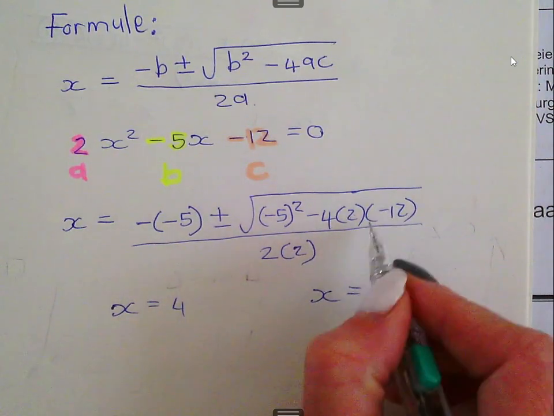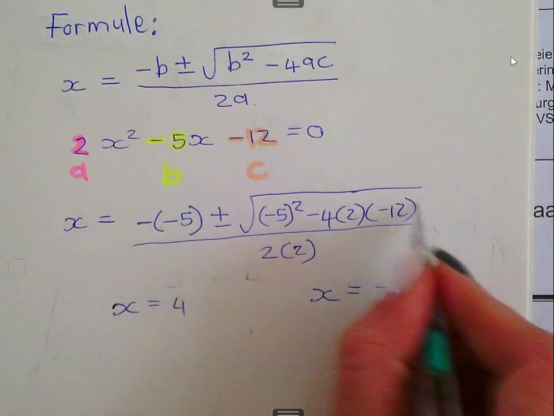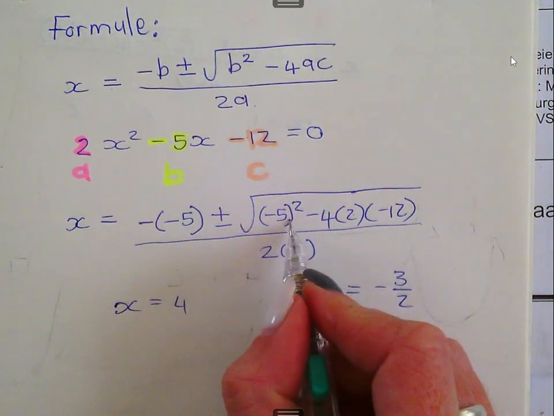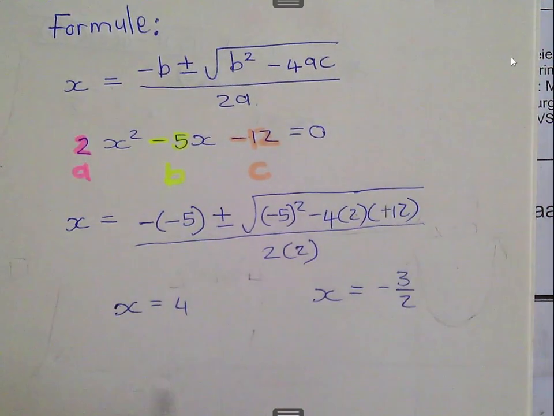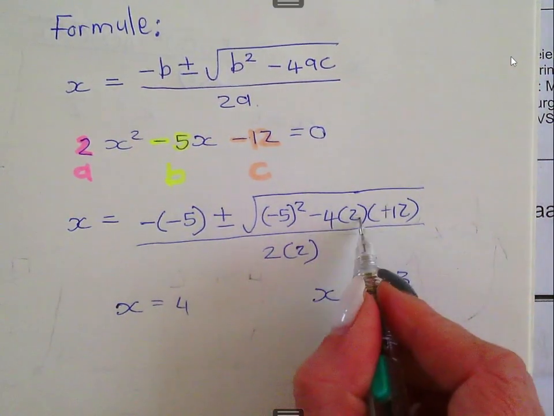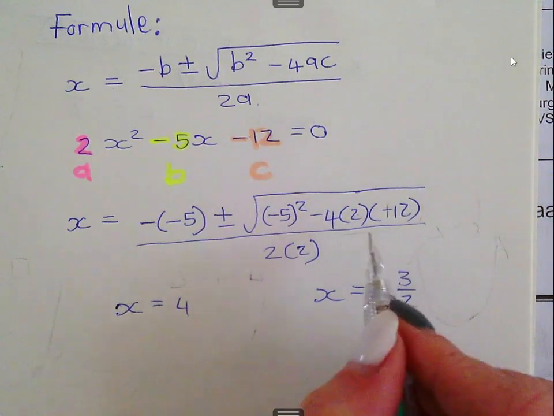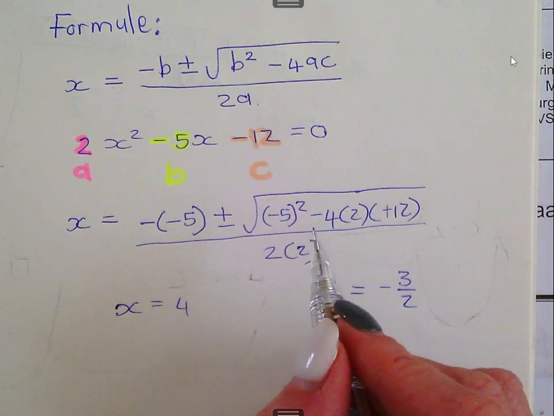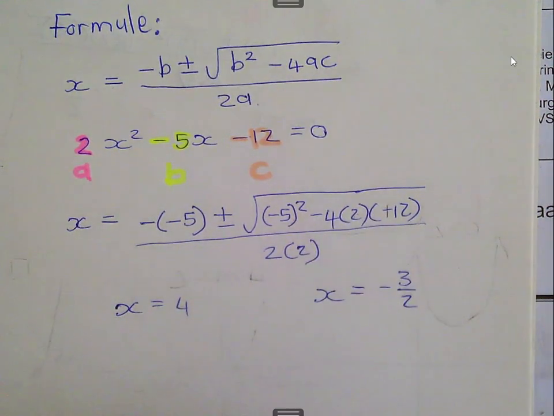But obviously we knew this one would cut, so I knew the problem was at delta. He got this to be 25, and for this one he didn't put in the negative sign. So it was negative 4 times 2, which is negative 8, times 12, which is negative 96. And 25 minus 96 gave him a negative answer in delta, and that's why he got a math error.